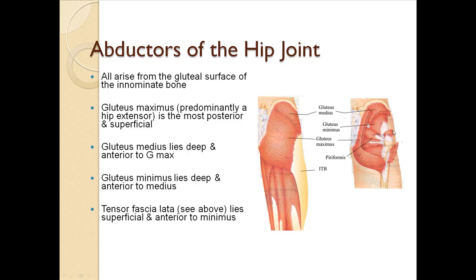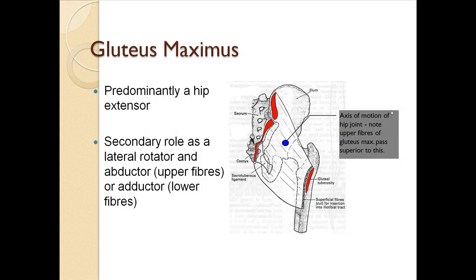Tensor fasciae lata, as described earlier, arises from the anterior part of the iliac crest and the anterior superior iliac spine, lying superficial, covering the anterior portion of gluteus minimus. It's the upper fibers of gluteus maximus that contribute to the movement of abduction.